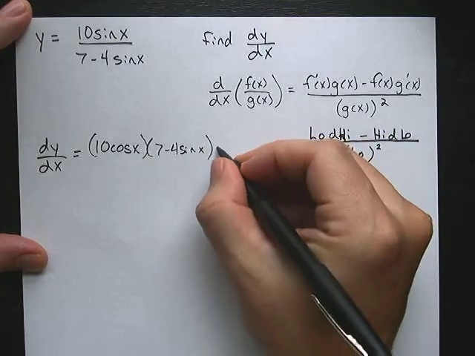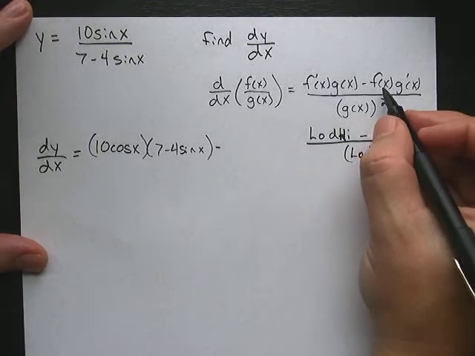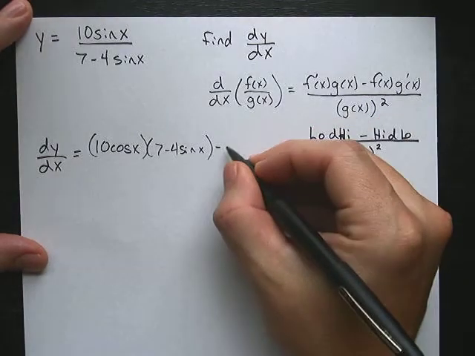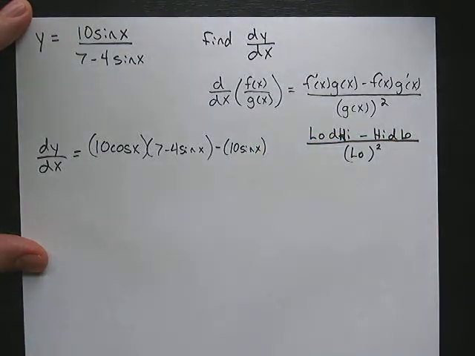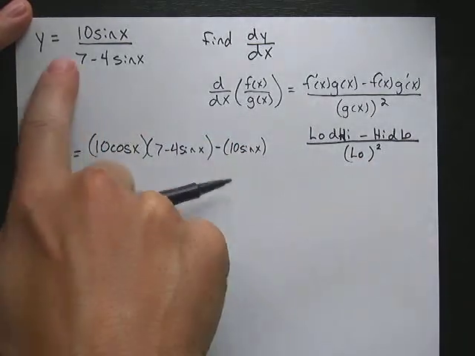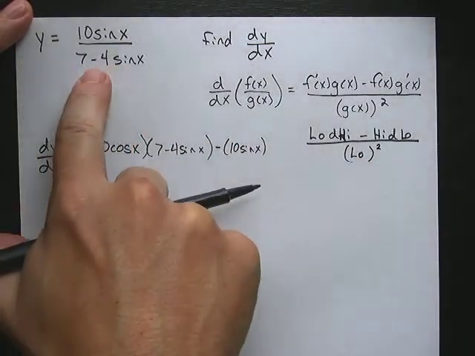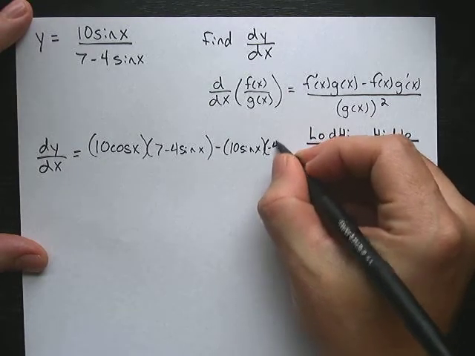Okay, minus, let's see, what do we have? We have the top function, 10 sine x, times the derivative of the bottom function. The derivative of 7 is 0, and the derivative of negative 4 sine x is negative 4 cosine x.